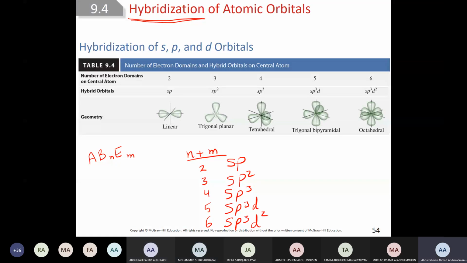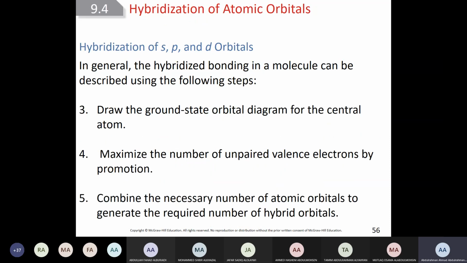And the shape of this new orbital is similar to the shape of electron domain, which is if it's sp, then it will be linear. If it's sp2, it will be trigonal planar. If it's sp3, it will be tetrahedral. If it's sp3d, it will be trigonal bipyramid. And if it's sp3d2, it will be octahedral. You must know this, and you must know how the bond takes place.